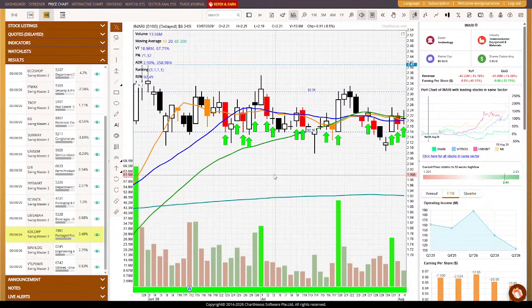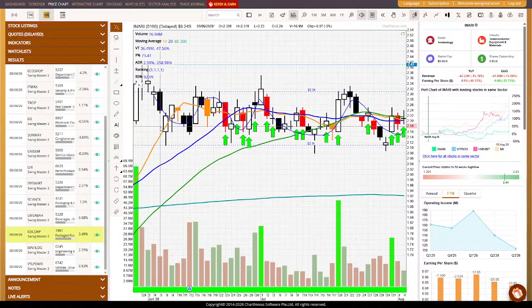This is the range it was trading in. At one point it broke, but eventually it came back up. You see the pattern? Like that, like that, like that. This is the swing pattern, in consolidation.